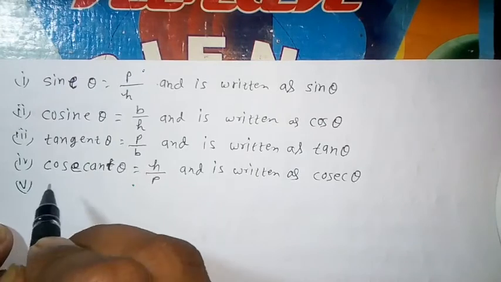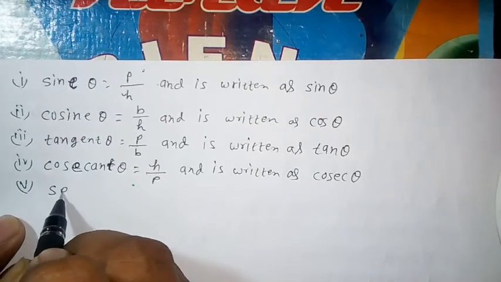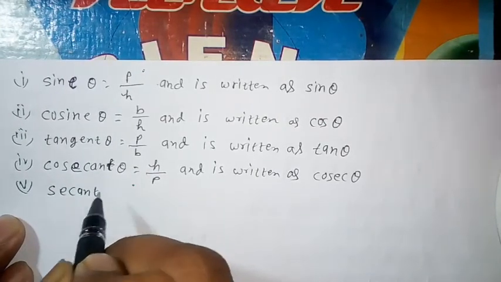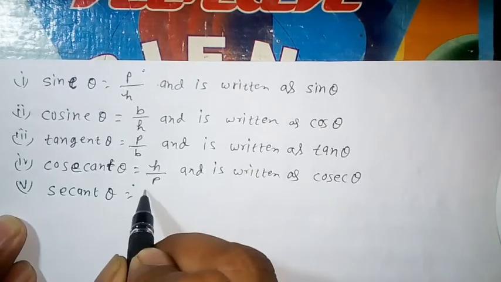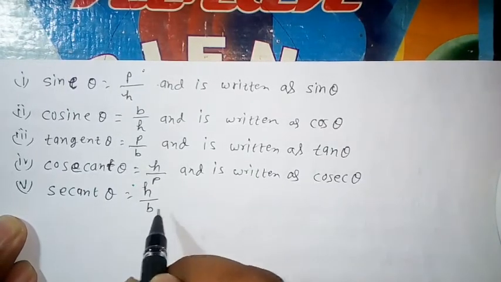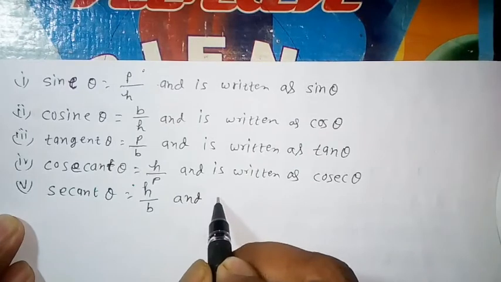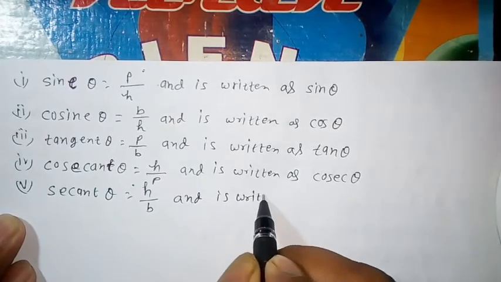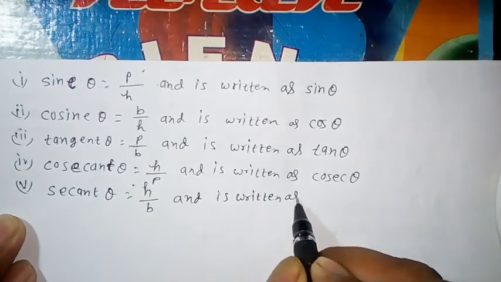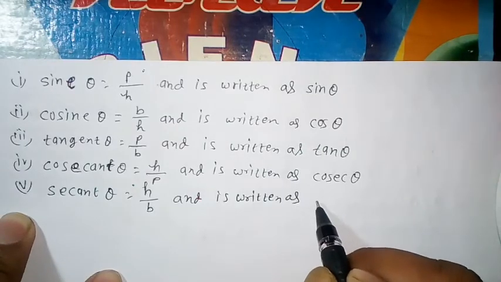Fifth, secant theta is equal to hypotenuse by base, and is written as sec theta.